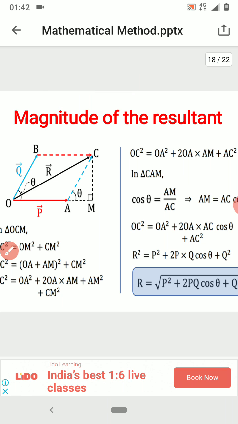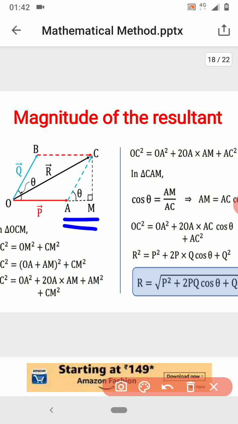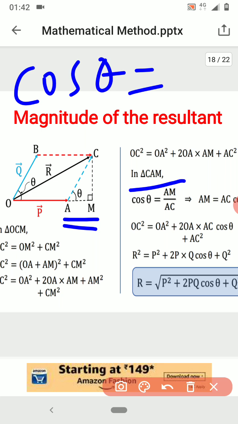How? Because AM has no actual value, so you have to substitute something for AM. You can find the magnitude of AM by simple trigonometry.